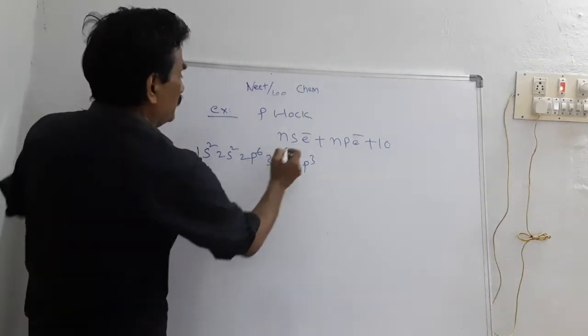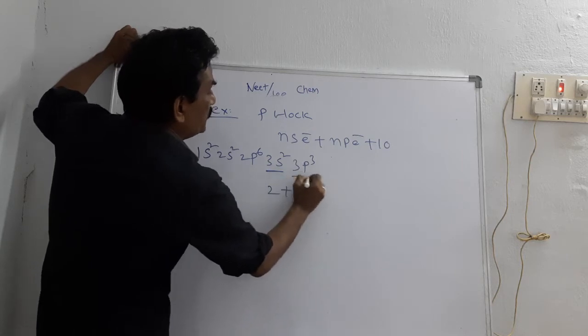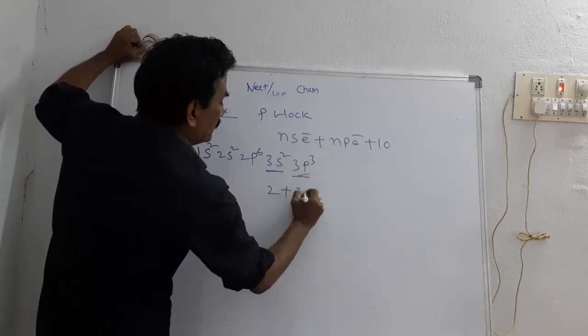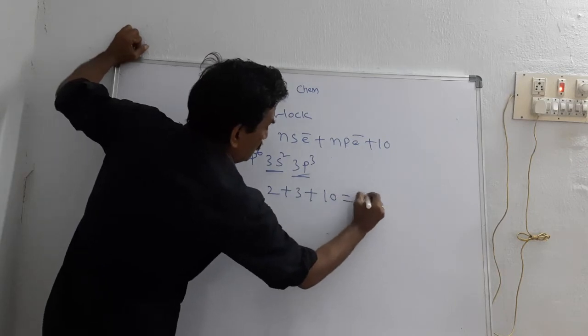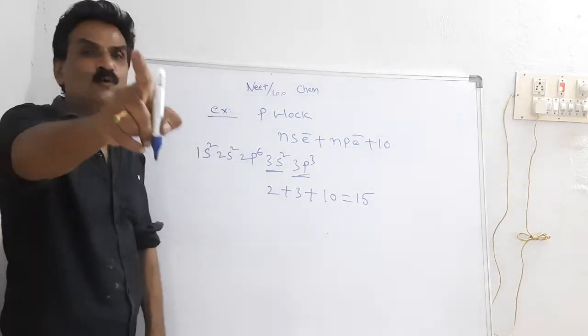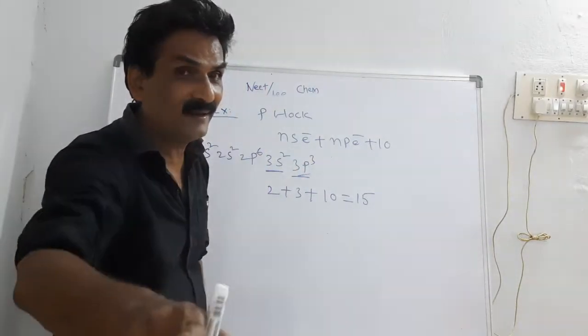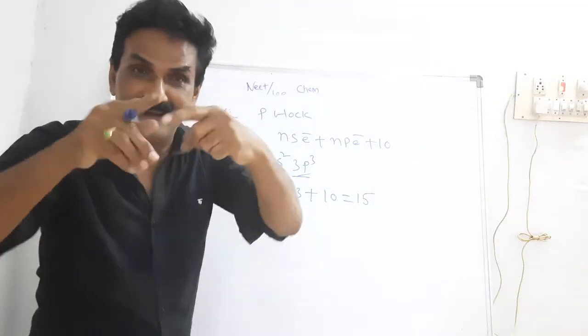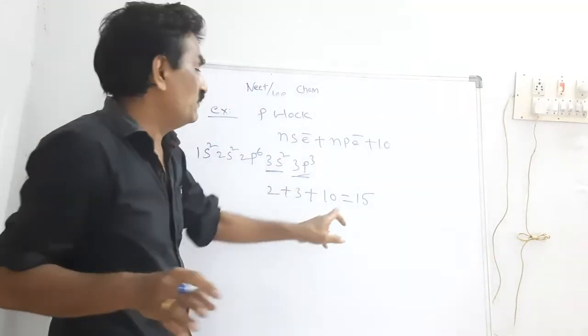The trick is ns electrons 2, np electrons 3, plus 10. How much? 15. The 15th group. If you want to calculate the group number in the p block, calculate ns electrons plus np electrons plus 10. 15th group.